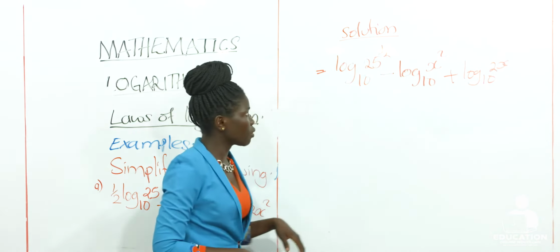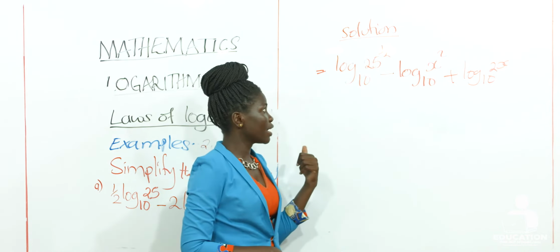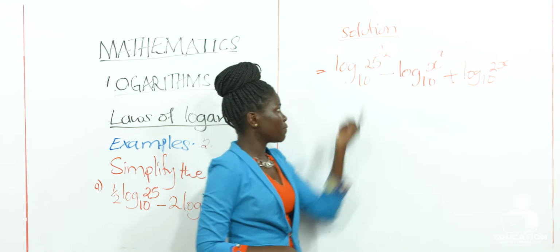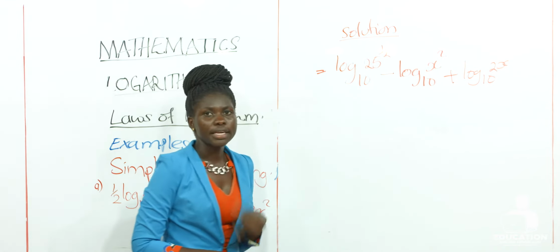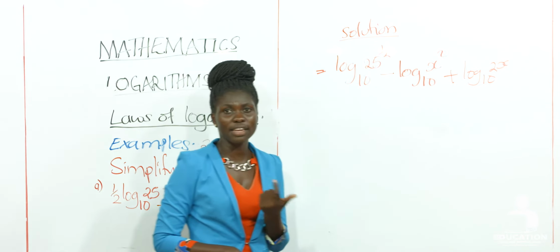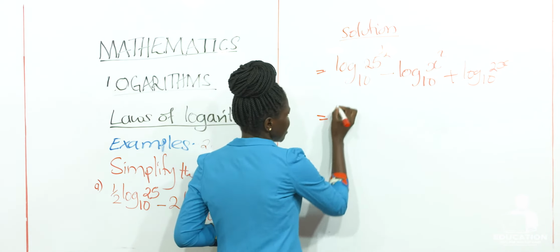We have this, but one thing we need to know is that power half is the same as the square root of a number. If you don't find it as a square root of 25, you can factorize 25 in terms of 5, and you'll end up with 5 squared, so that the 2 can easily cancel out the power half. So let's use that because it will be much easier.